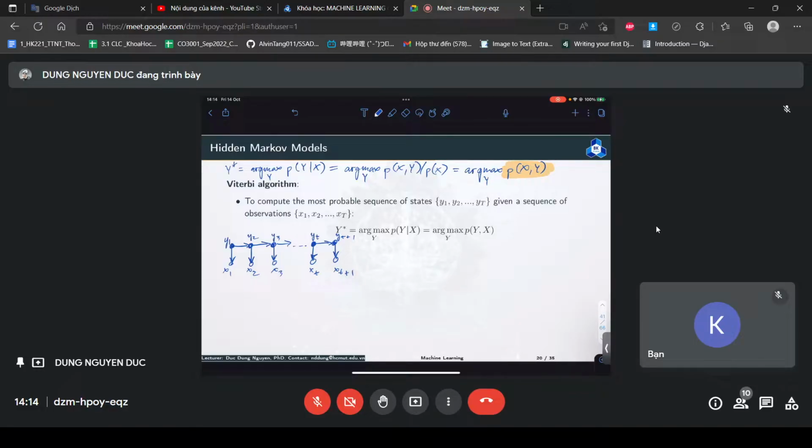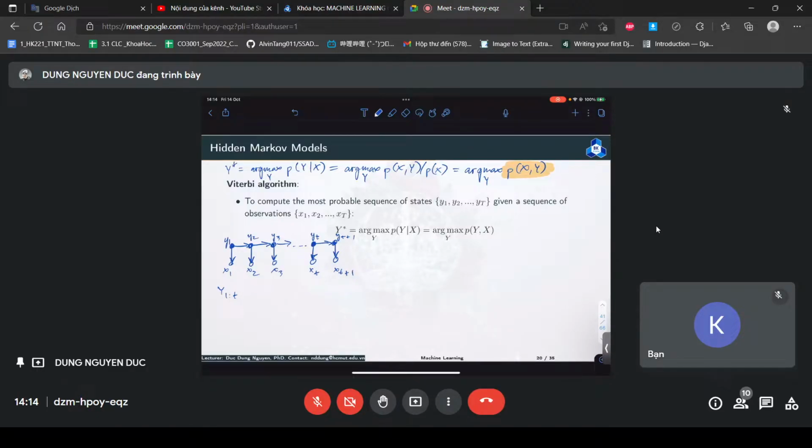Given the joint probability, what I can derive here is the following.